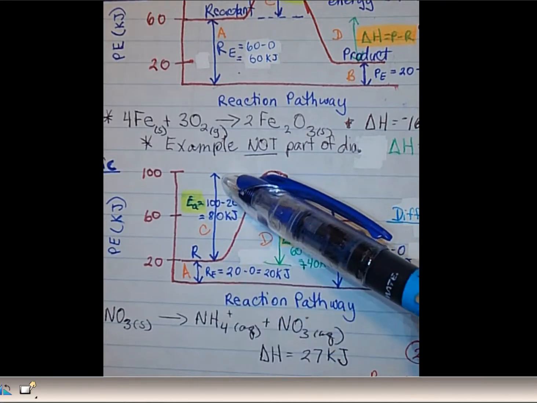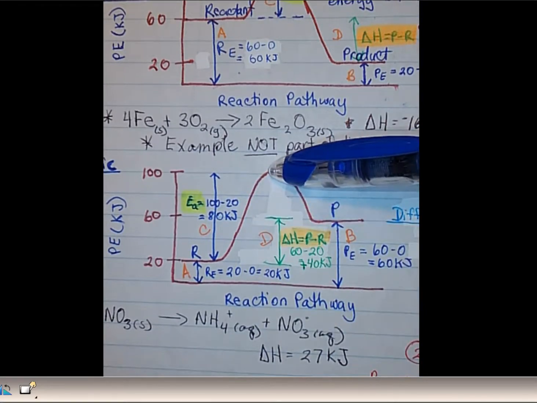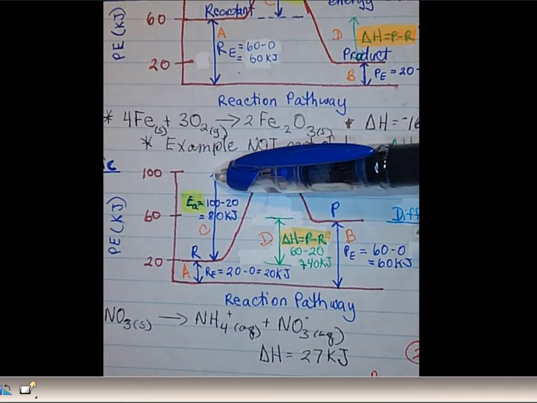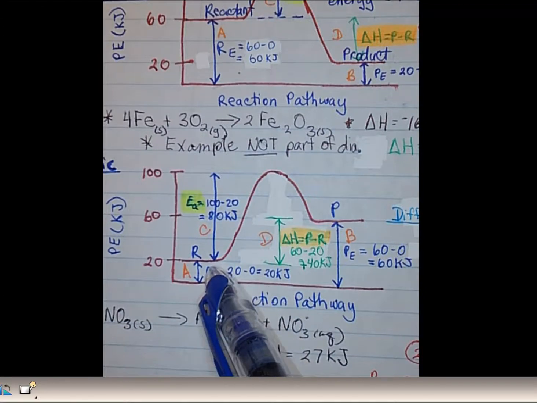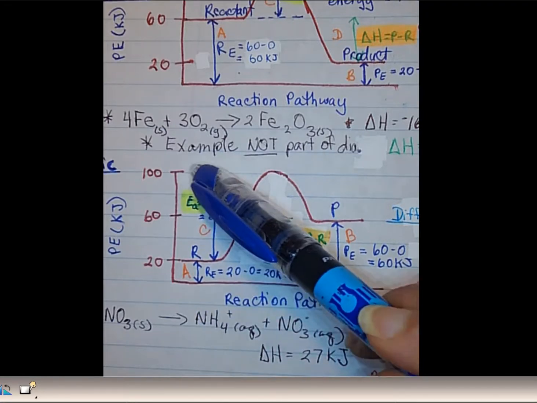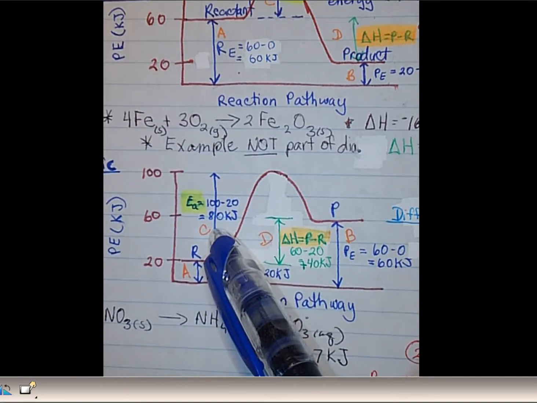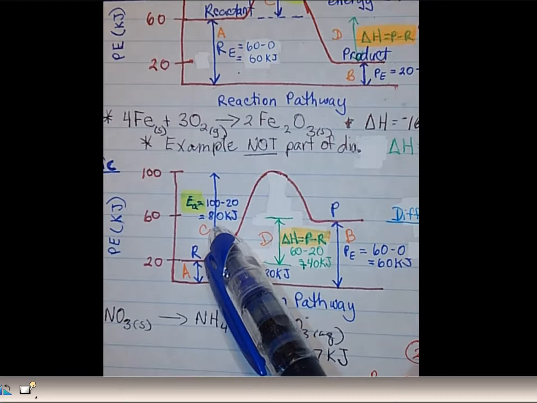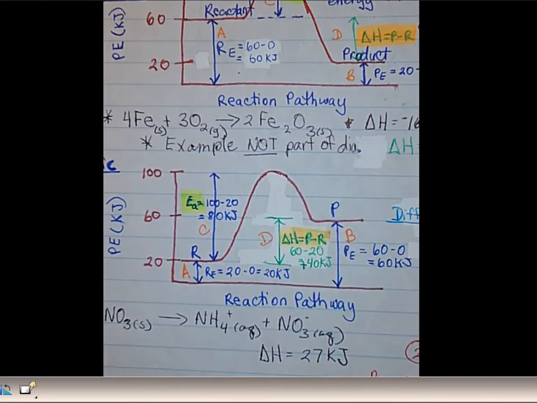But then let's look at the activation energy here. So you've got your hill. Your activation energy, remember, goes from the top of your hill all the way to your reactants. If you're trying to calculate the activation energy, it would be 100 minus 20, which gives you 80 kilojoules. That's to say that 80 kilojoules is the energy that is needed for this reaction to be activated and to occur.